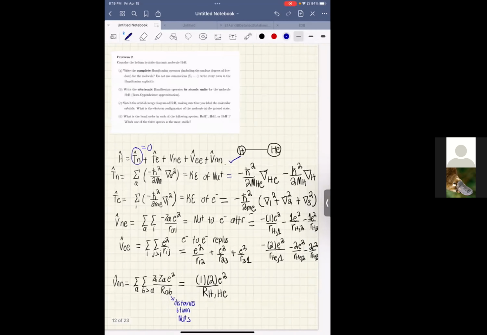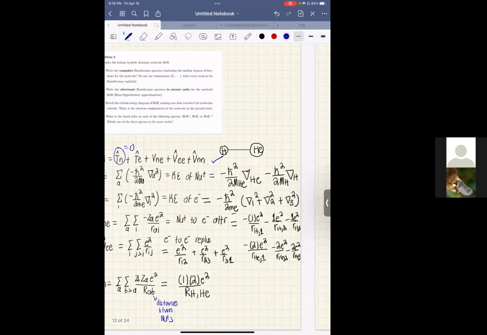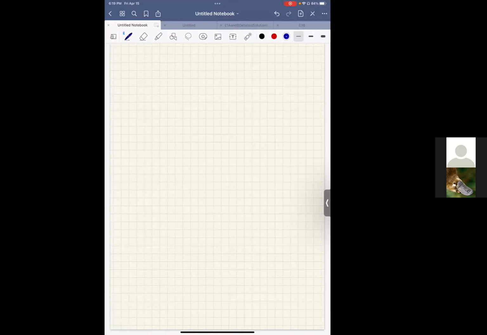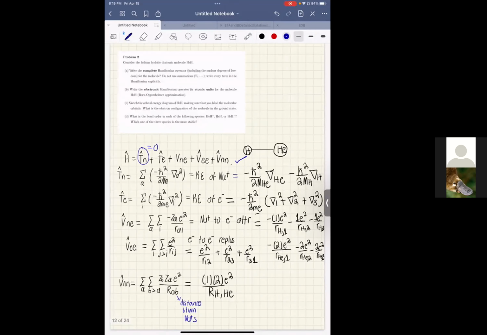And then for the second part, it's asking for the electron Hamiltonian, which is the same thing, but just not this term here.